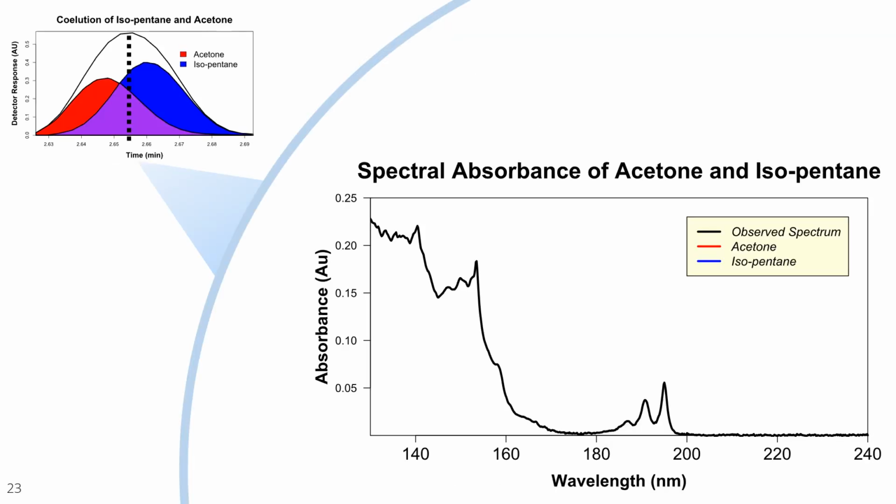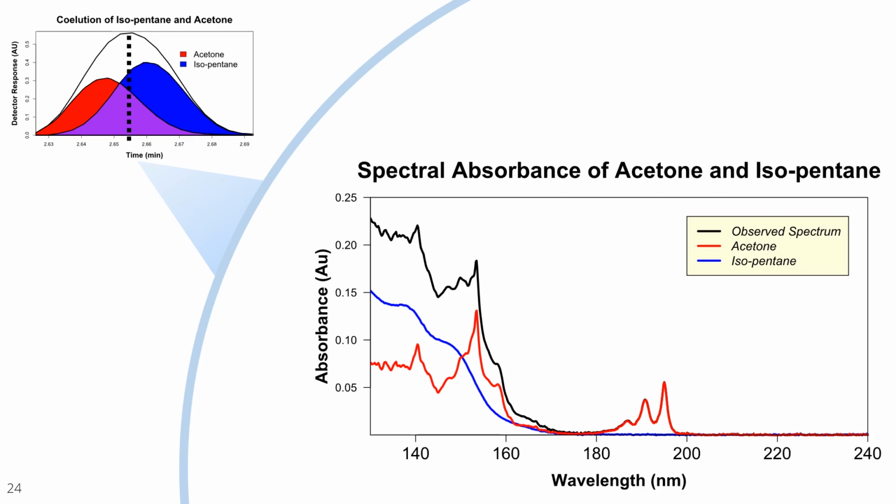And the reason we can do that is through the spectral library matching with VUV. And so here you can see the overall spectrum that we collected and what we observe, but through the spectral matching, what we find is that we can tell what compounds are summing up to form the spectrum.